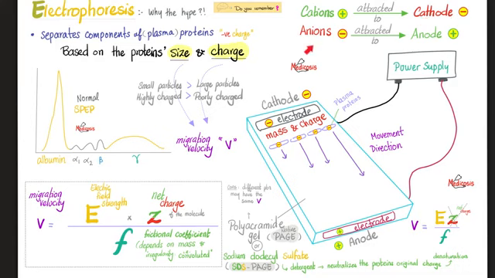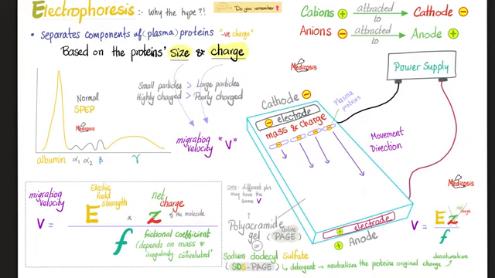But if you are negatively charged, like DNA, you will be attracted to the positive electrode, which is the anode. Moreover, small particles travel faster than large particles. Of course, it's just common sense. Chubby people take longer. Bad joke, I'm sorry.